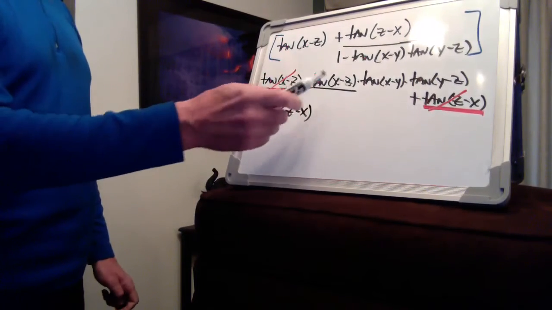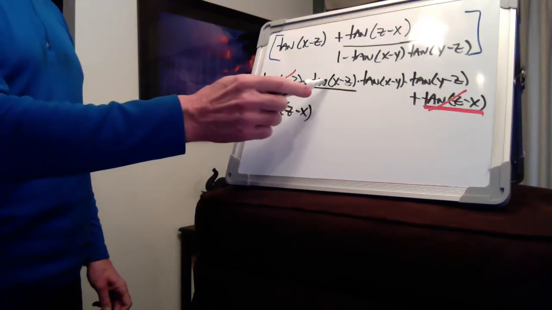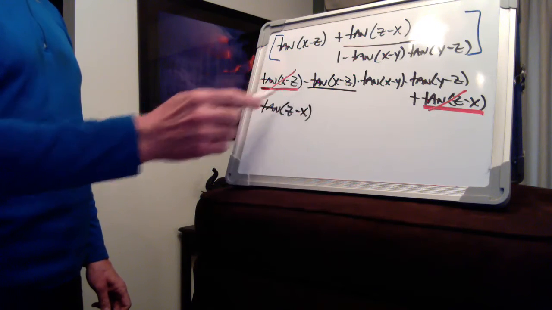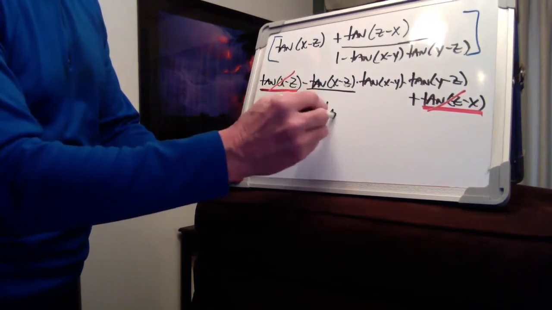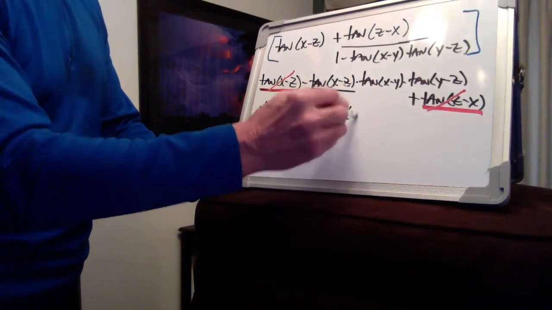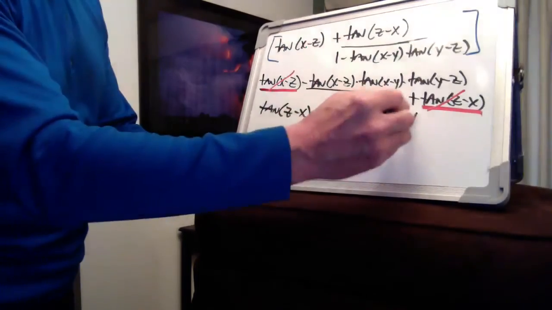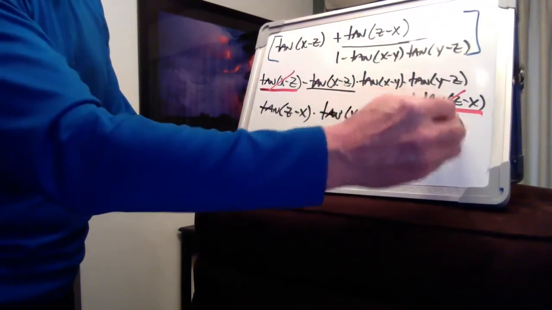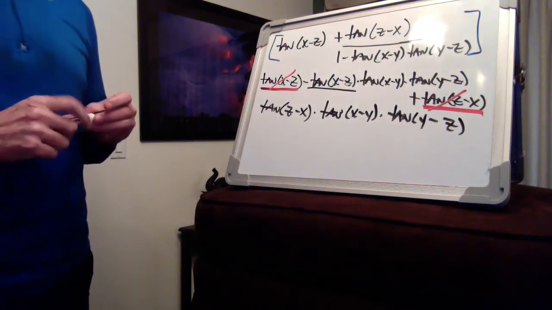Think of it, do it mentally. Take the opposite of these two terms, their signs change. When that negative sign comes here, you have a double negative, so it becomes positive. And I have times tangent of x minus y, and times tangent of y minus z. Okay. And that's exactly what you had to prove. There is your product.